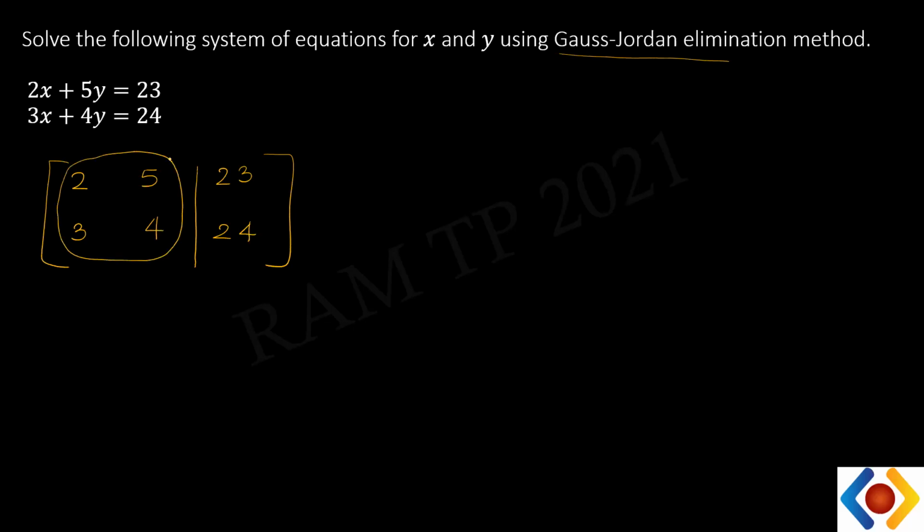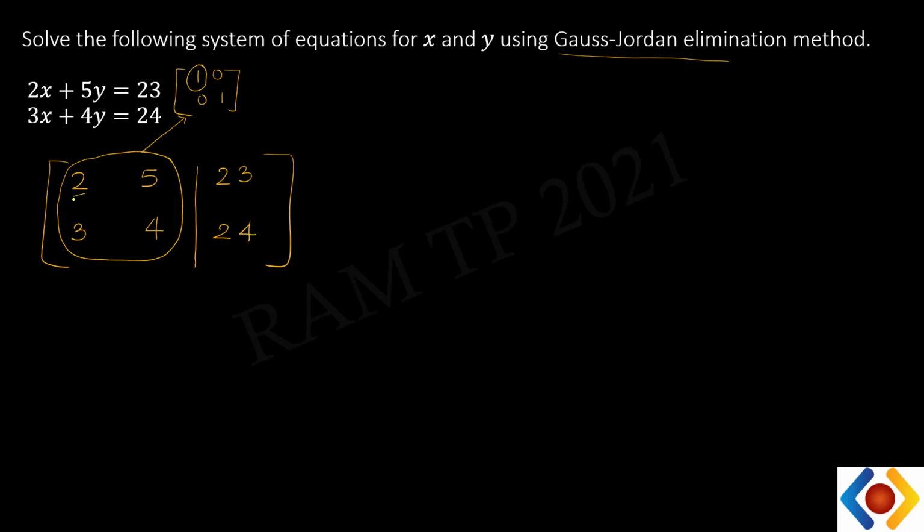This we want to convert into an identity matrix, that means I'm looking for 1, 0, 0, 1. So I want to transform this into this. Whatever happens to the right hand side, we will keep changing according to whatever transformations we apply. So let's get started. What's the first step? We make this 1. What transformation should I apply?